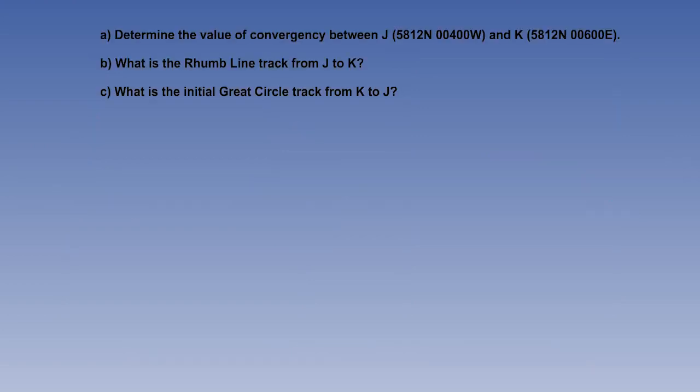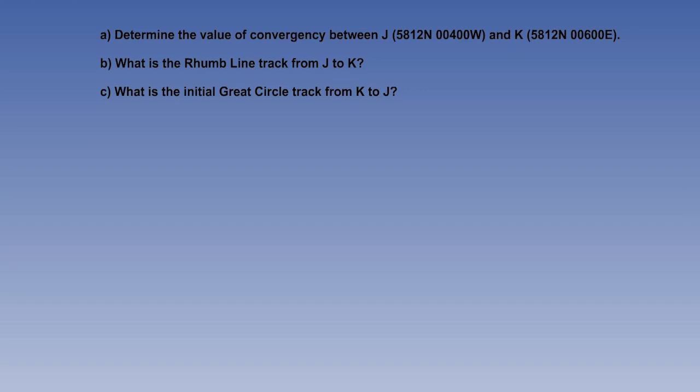Here is a practical example requiring calculation of conversion angle. Firstly, determine the value of convergency between J, which is at 58:12 north and 4 degrees west, and K at 58:12 north and 6 degrees east.